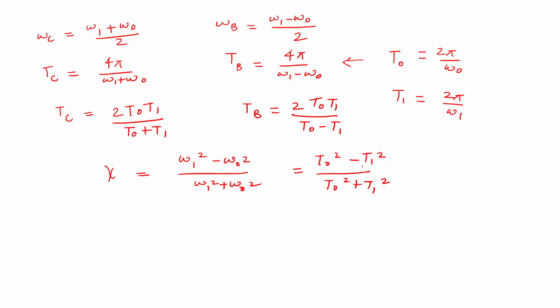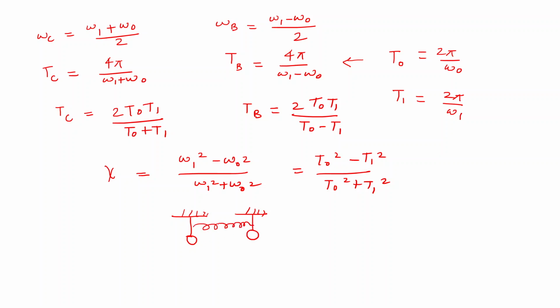Okay, so I have a diagram here to show what exactly happens in the resonance condition. This is one pendulum, this is another pendulum, and they are coupled using the spring.